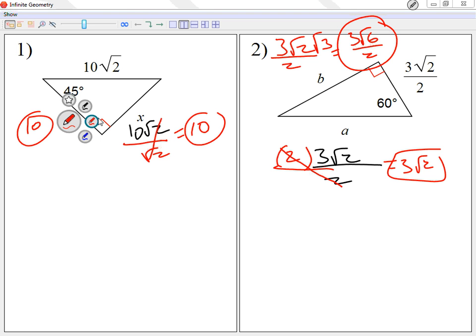Little recap. On the 45, 45, 90s, let's say these two angles are the same. The two sides, I'm going to call them x, they are the same. For me to go to the hypotenuse, if I'm going from the small side to the hypotenuse, I multiply by radical 2.